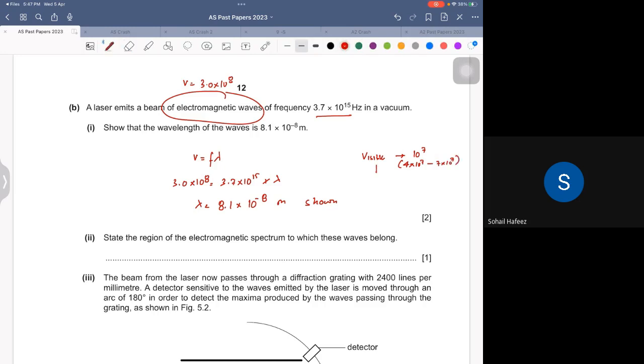Beyond this, if it's close to 10 raised to minus 8, I would choose ultraviolet. If this was like 10 raised to minus 6, I would have chosen infrared. Anything below that, like 10 raised to minus 3, I would use microwave.